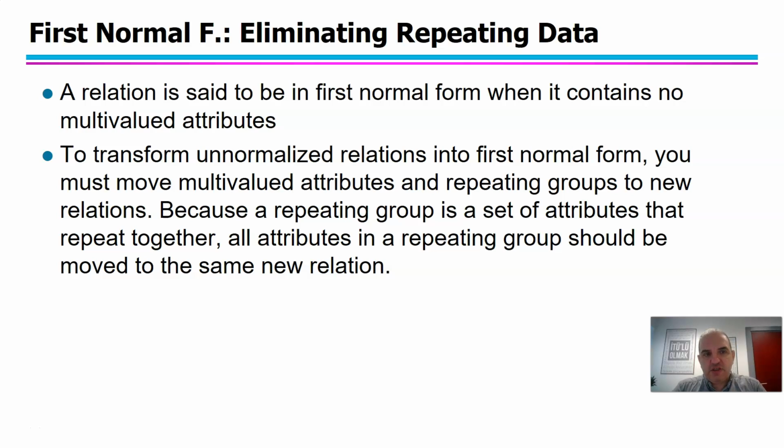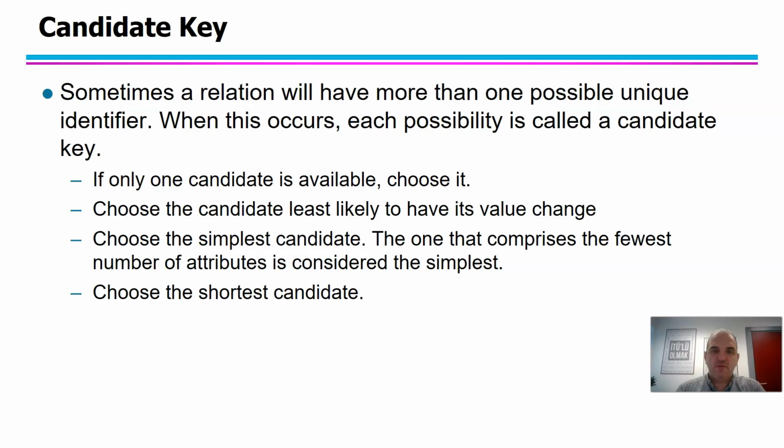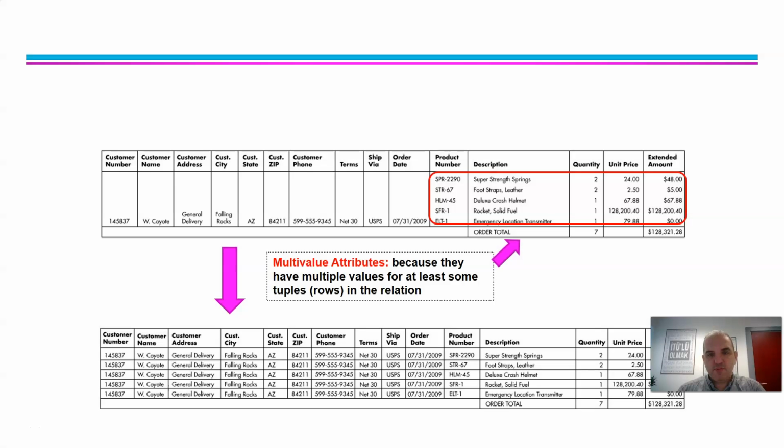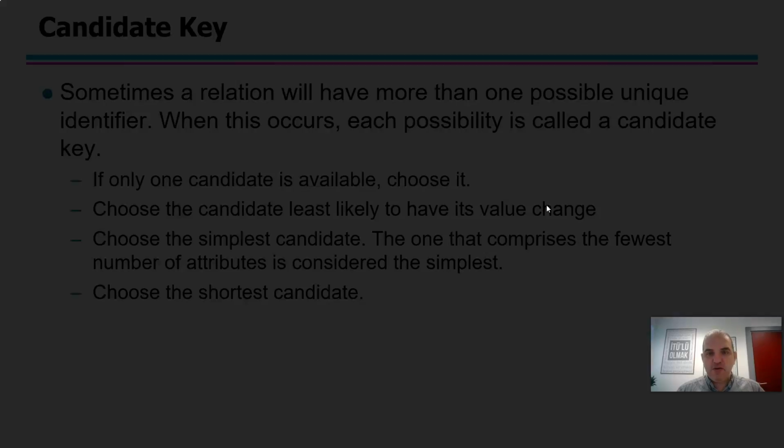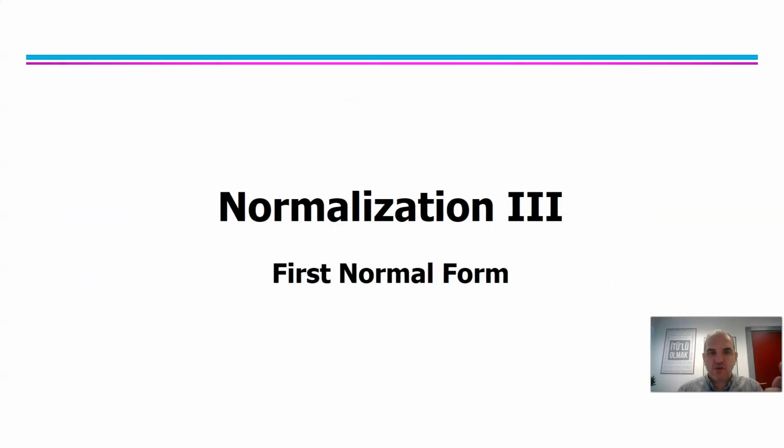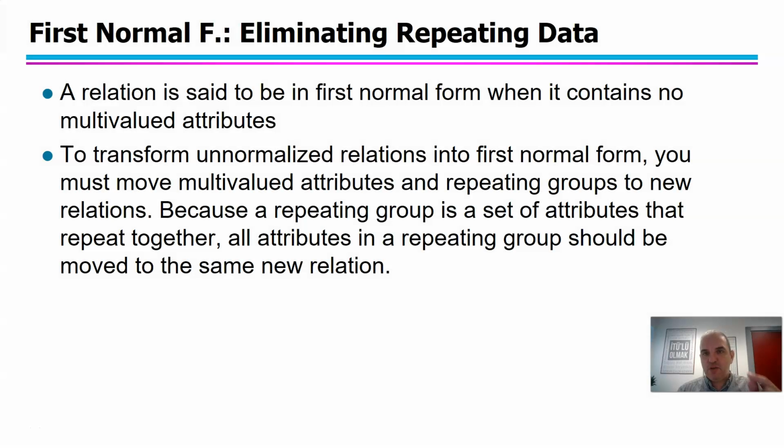A relation is said to be in first normal form when it contains no multi-valued attributes. Remember the multi-valued attributes? We mean this red part in this table. So if one cell has more than one value, we call it multi-value.